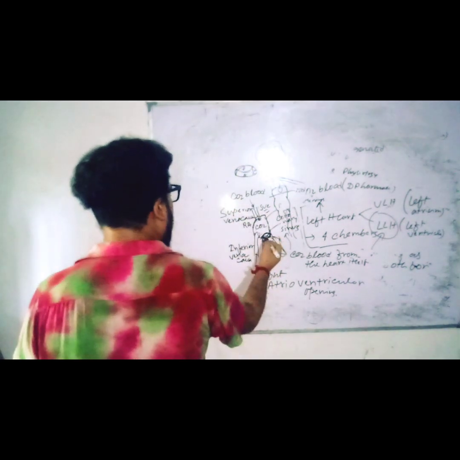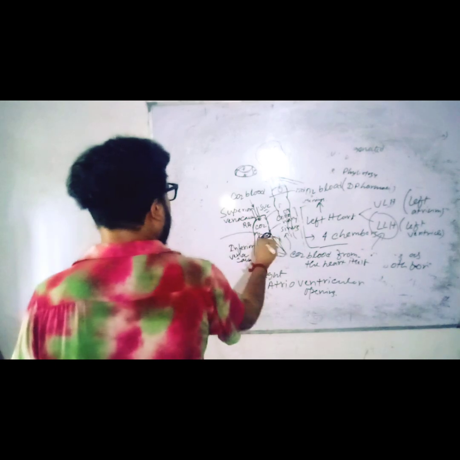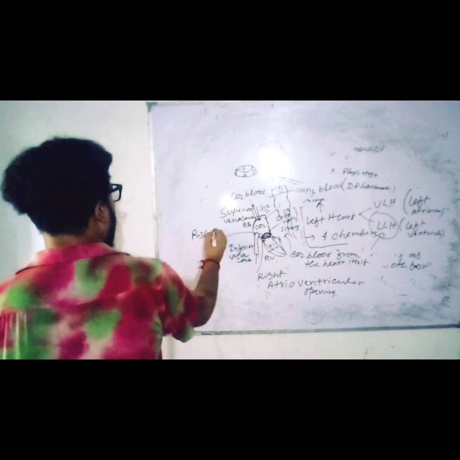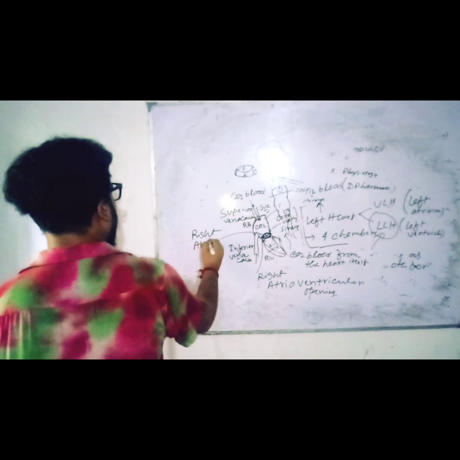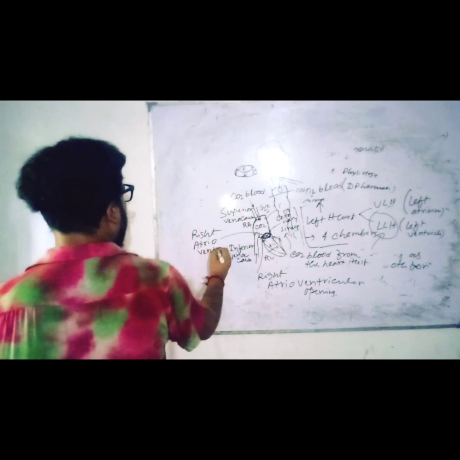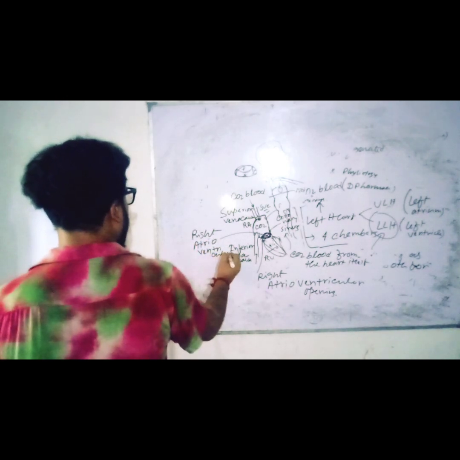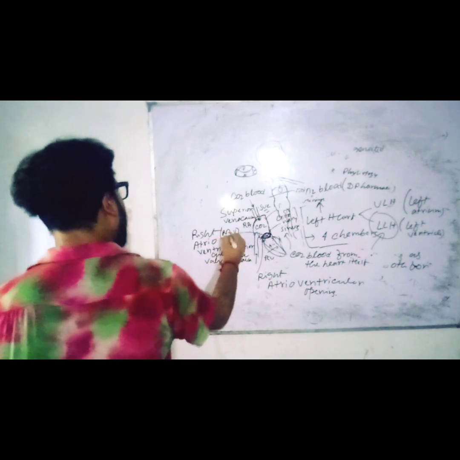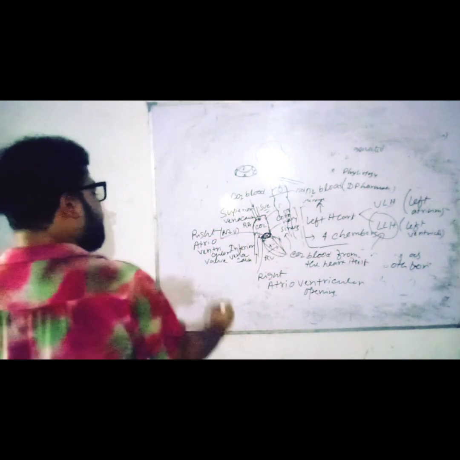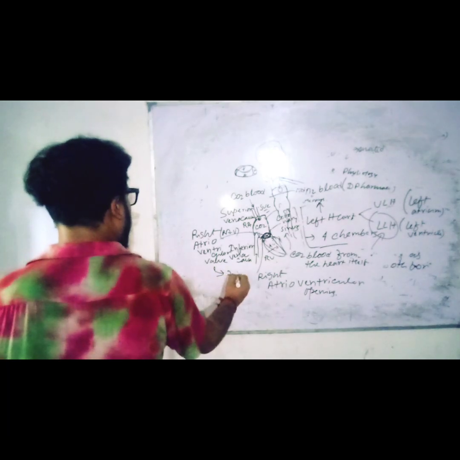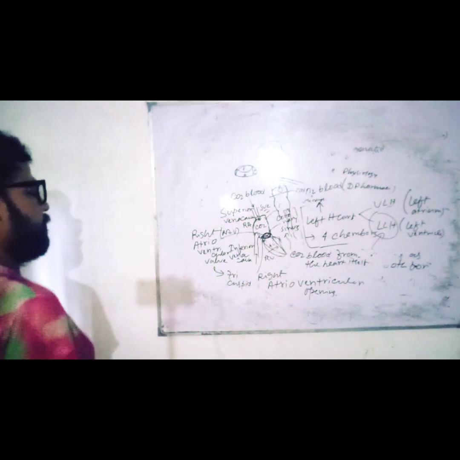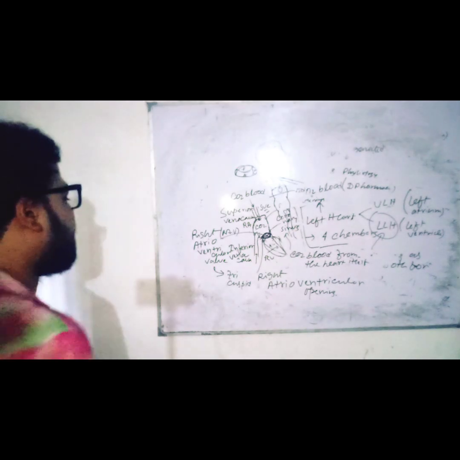This guarding valve is called the right atrioventricular valve, or AV valve, right AV valve. Commonly it is known as the tricuspid valve. Why is it called tricuspid?